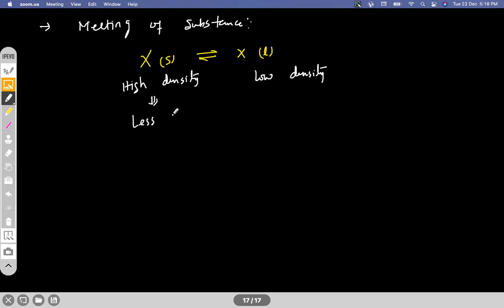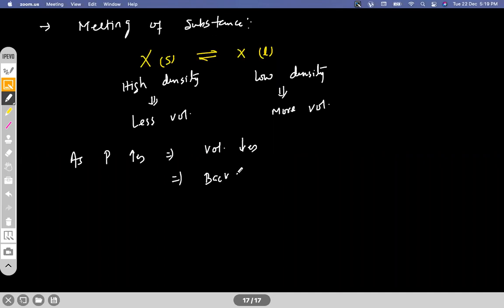Less volume. And this has more volume. So as pressure increases, what happens? Volume will decrease to minimize the effect. Forward or backward, could you tell me? Forward or backward here? Backward, very good.